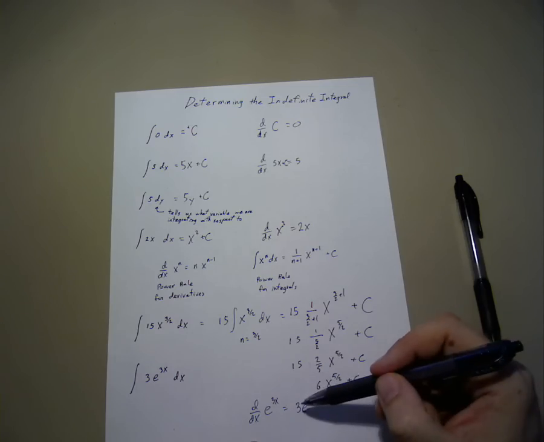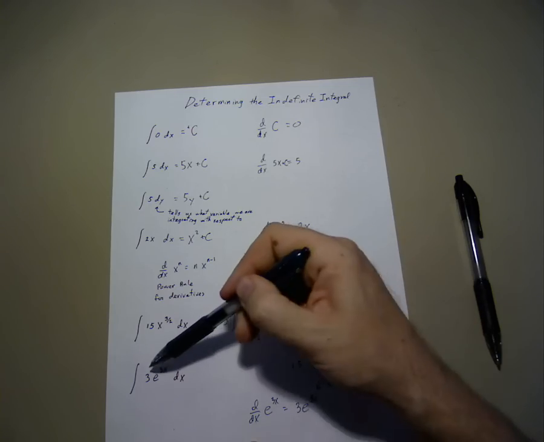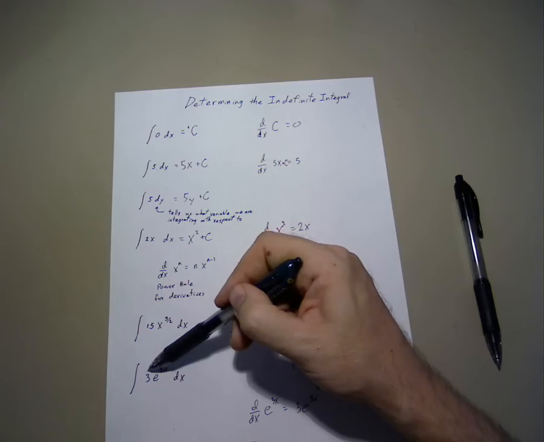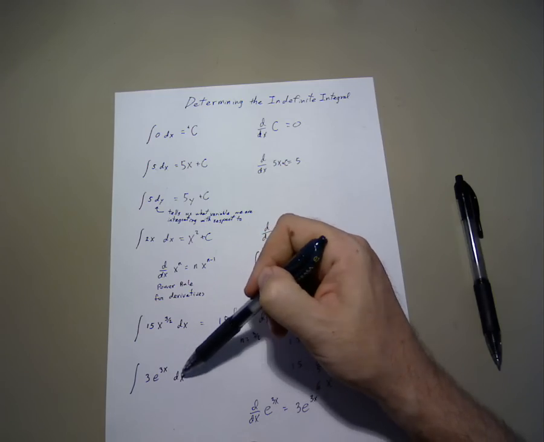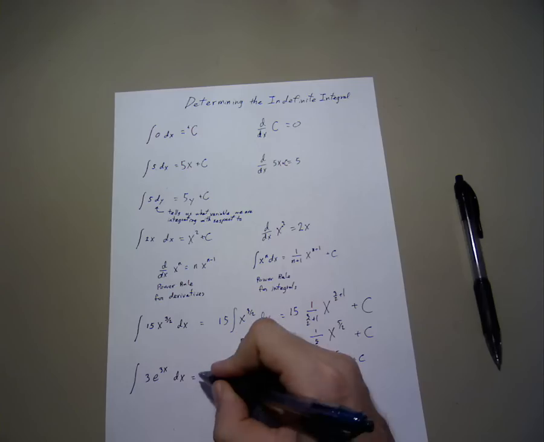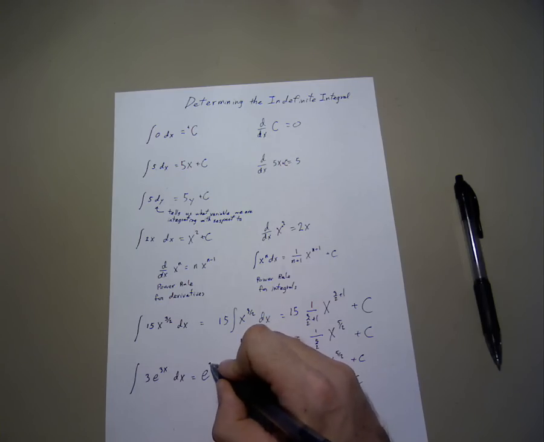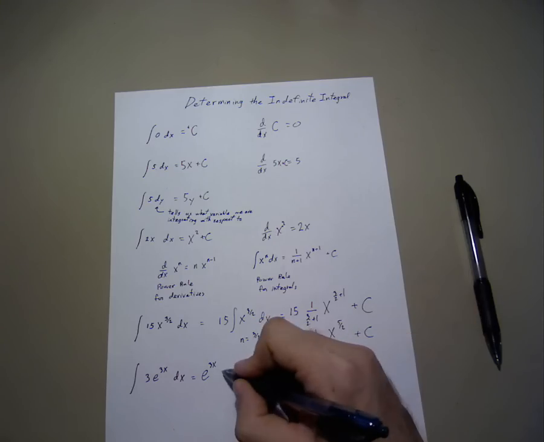Therefore, the integral of e to the 3x dx is e to the 3x plus c.